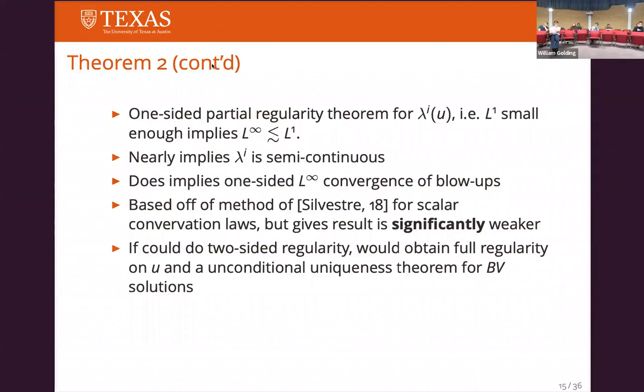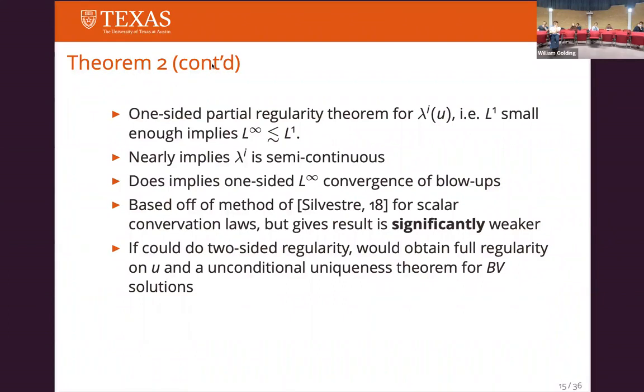But this is basically based off of the De Giorgi method that was introduced for scalar conservation laws by Silvestri in 2018. But there he gets none of this positive part stuff, none of the characteristic fields, it's just directly on the solution. So our result is significantly weaker because we can only do it one-sided and actually on the characteristic field, not on the solution. Hopefully I can tell you why.